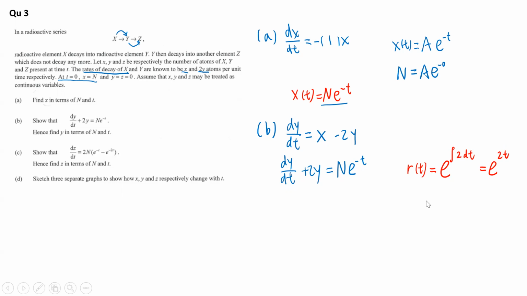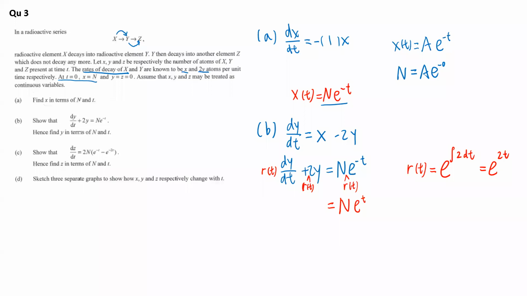Then we multiply. On the right hand side, you find that it's just N e to the t.